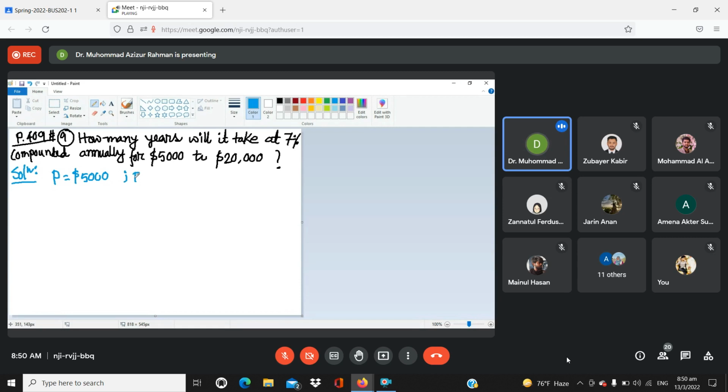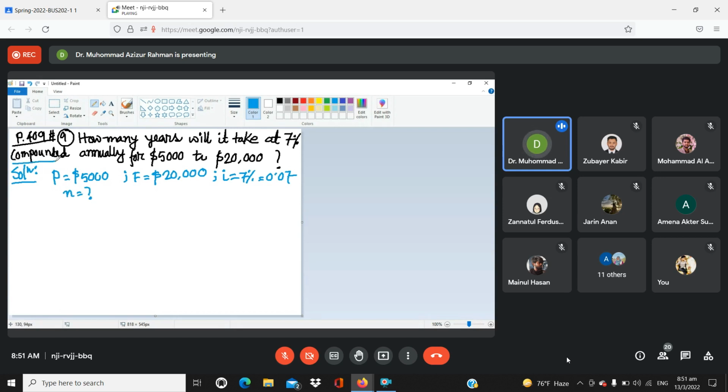Future value F is given, $20,000. Interest rate I is given, 7%, which is 0.07. And we need to find the value of n, how many years?